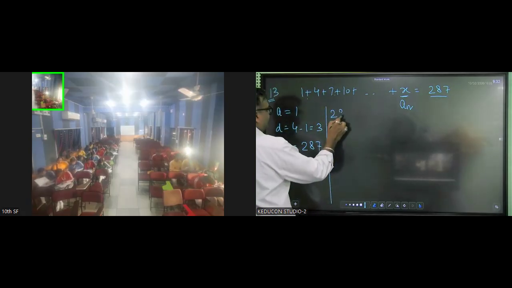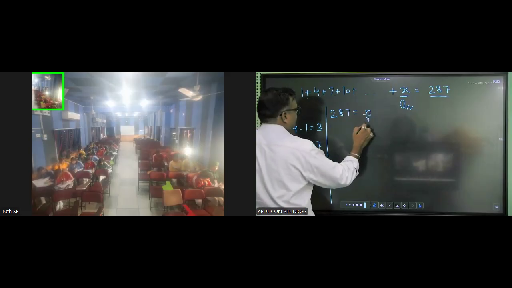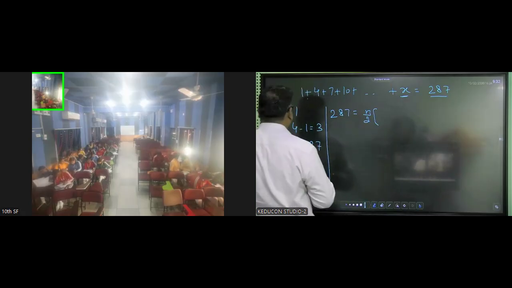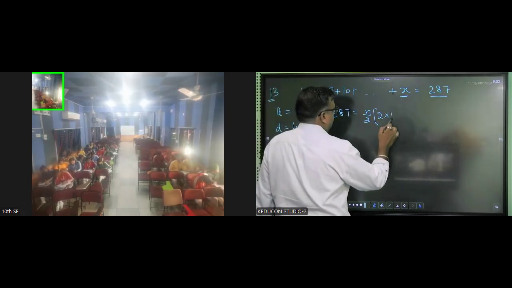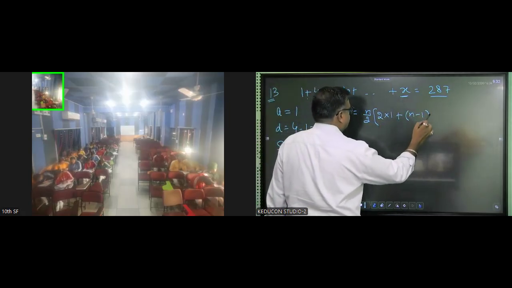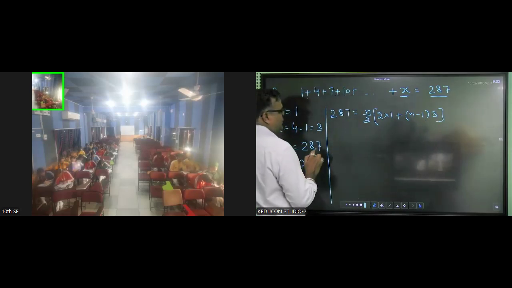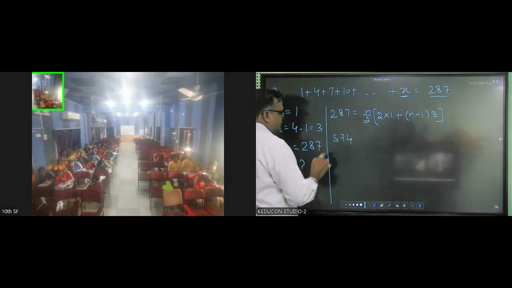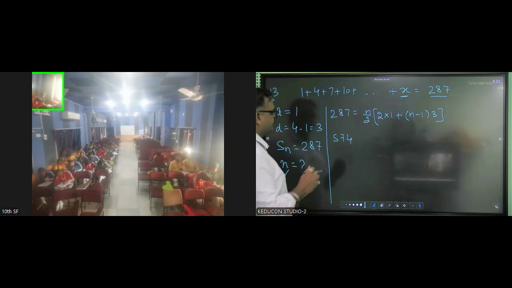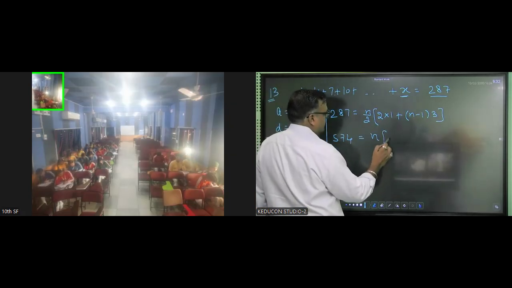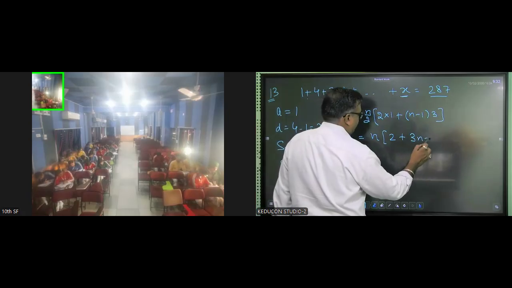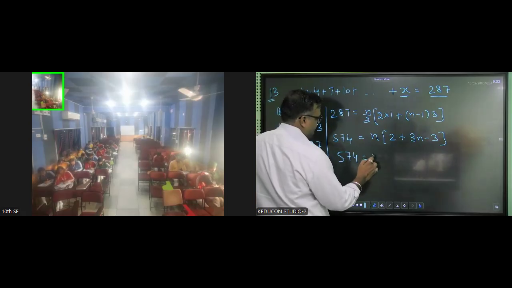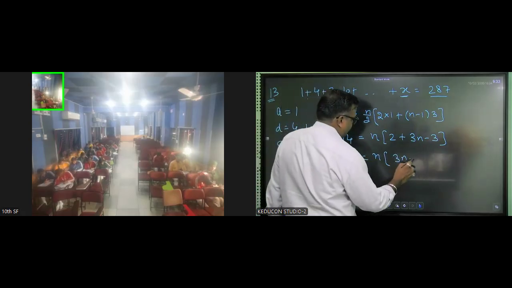Sn is 287, which is equal to n by 2 into 2a plus (n minus 1) into d. What is a? 1. And d is 3. Right? Solve this, students. Multiply by 2 here: 574 equals n into (2 plus 3n minus 3), which is 3n minus 1.